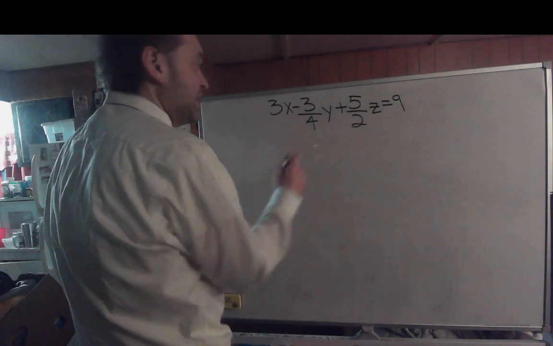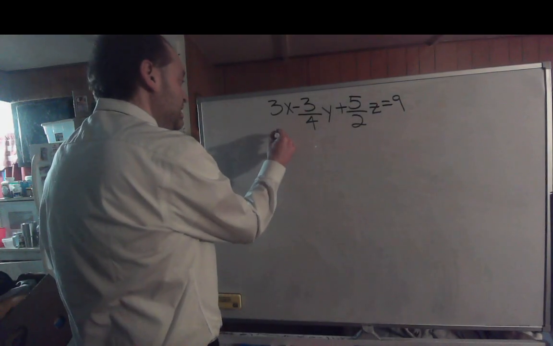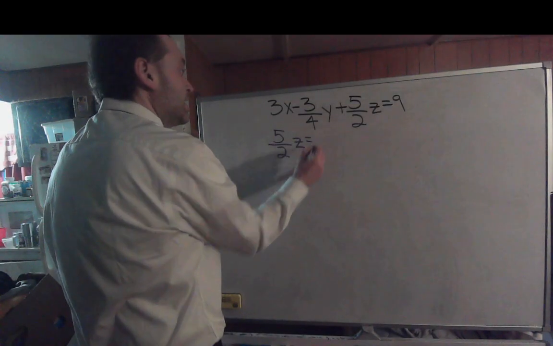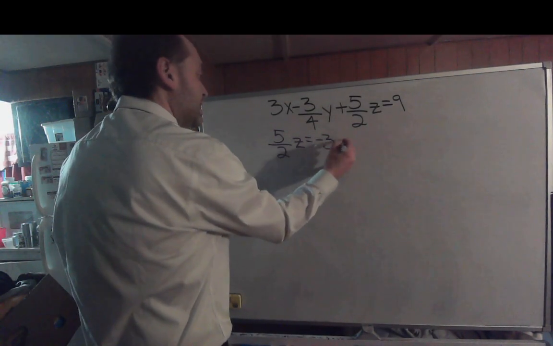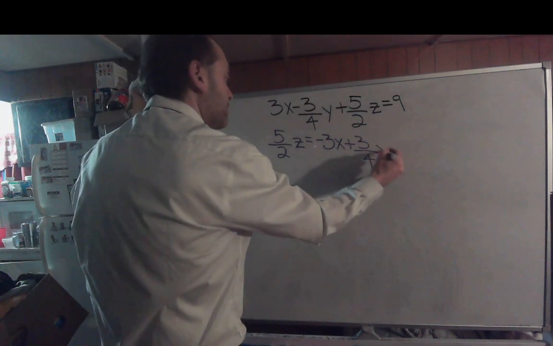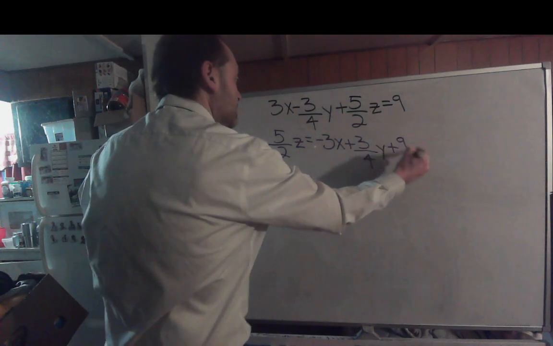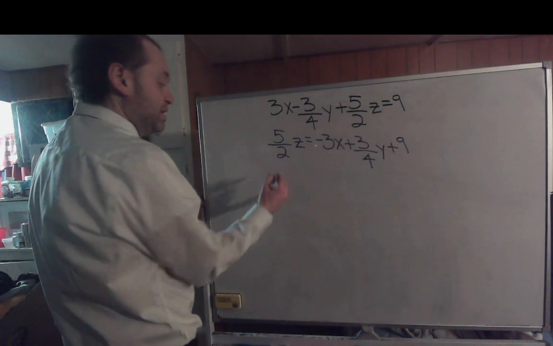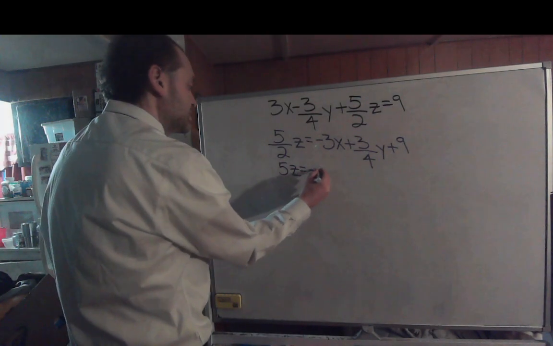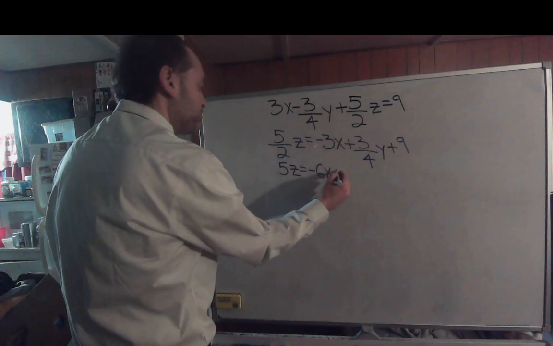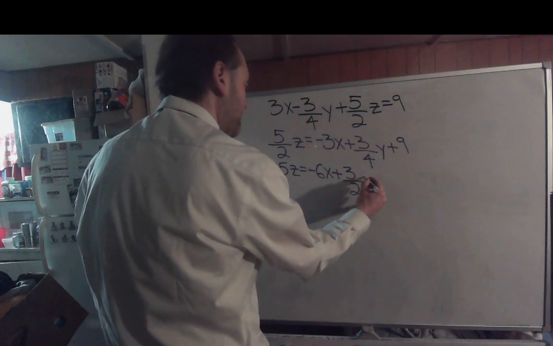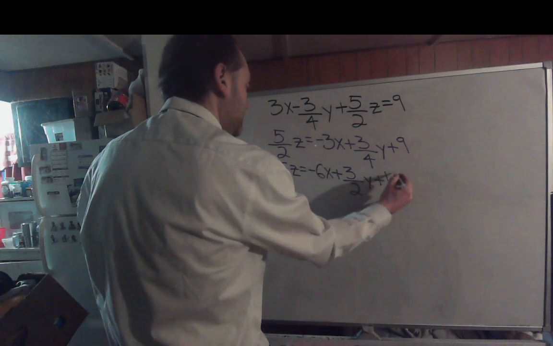So get the 5/2 z by itself. That's going to look a lot like 5/2 z equals negative 3x plus 3/4 y plus 9. Multiply everything by 2, you would get 5z equals negative 6x plus 3/2 y plus 18.